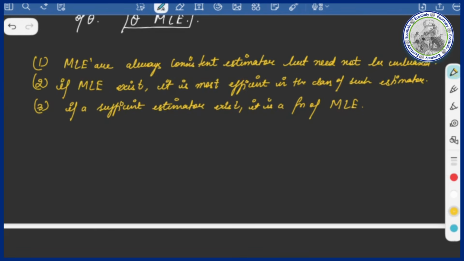Now let me take one or two examples so that you can get a very clear idea. So what is question 1? Let me write the question in red. Suppose x1, x2, ..., xn follow a normal(mu, sigma square).